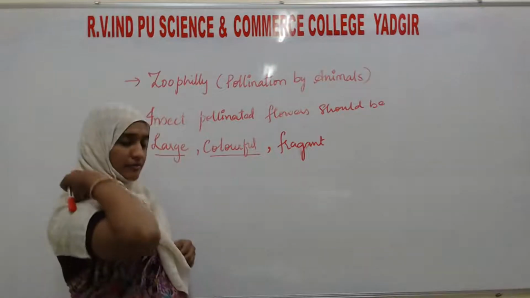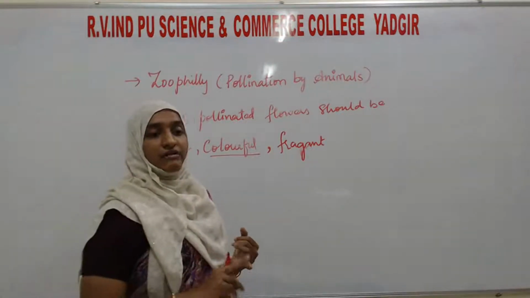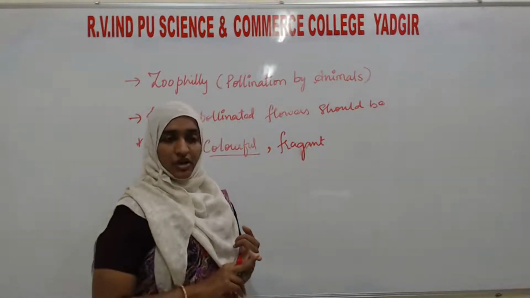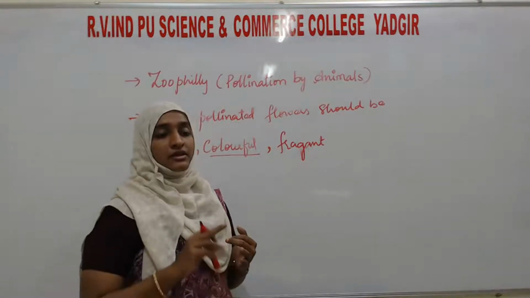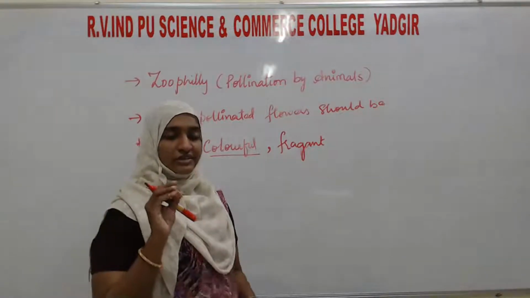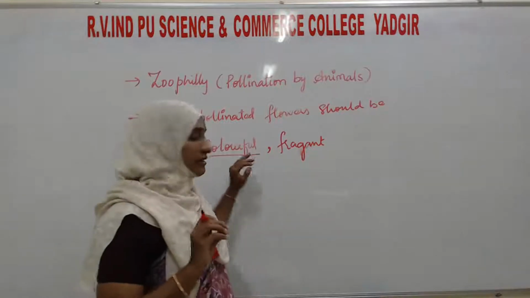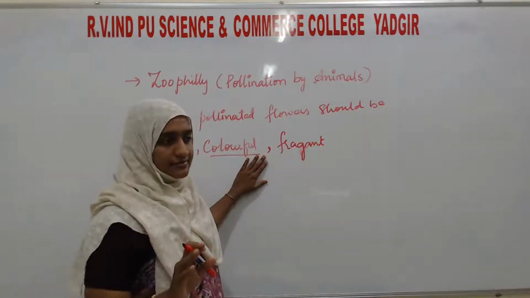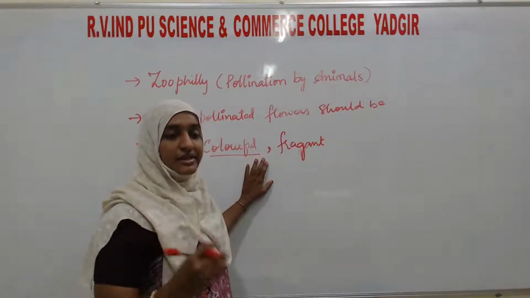In wind pollinated and water pollinated flowers, the flowers are smaller, colorless, and nectarless.